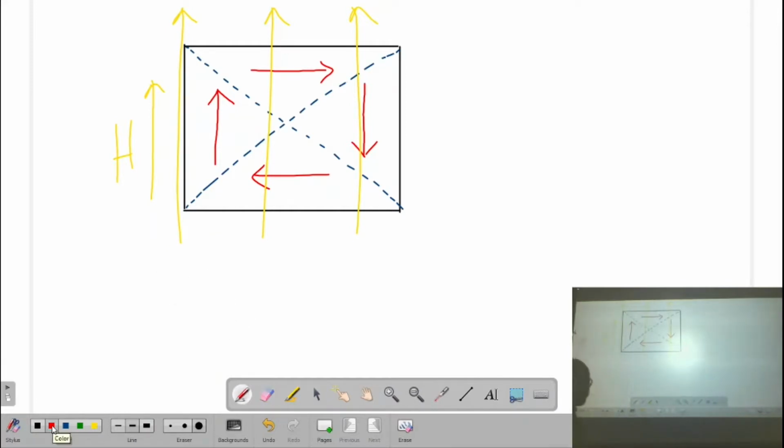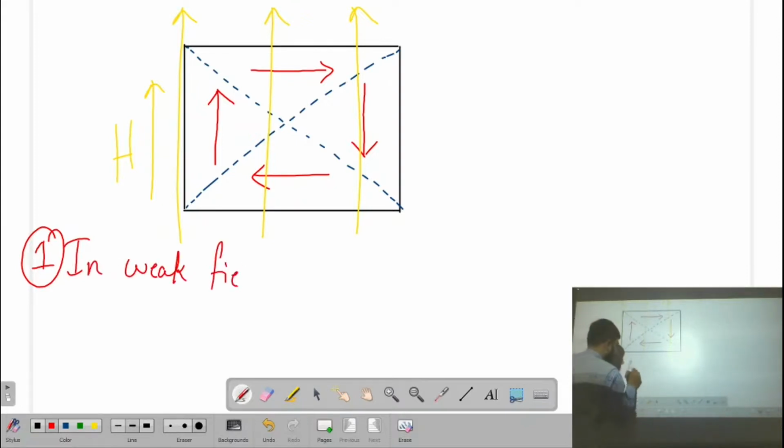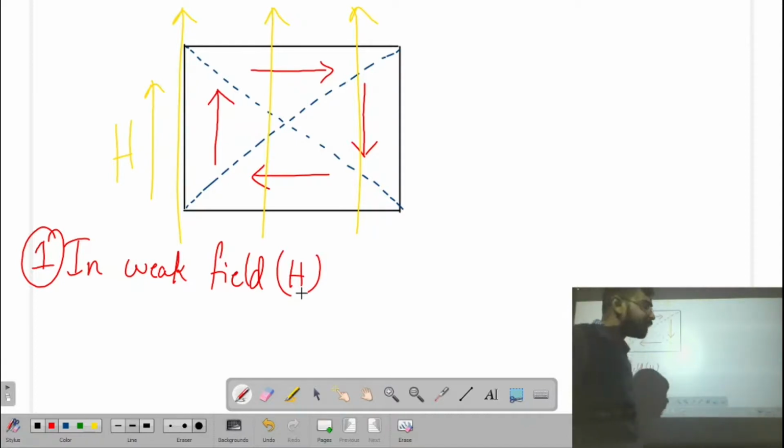Let us take example 1, that is a weak field H. In a weak field H, what will happen is this: any one of the domains, this or this, will try to grow more.